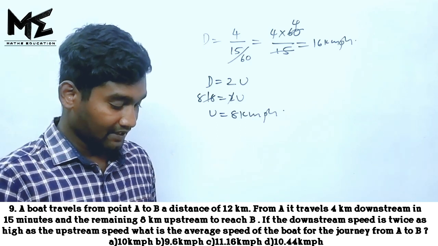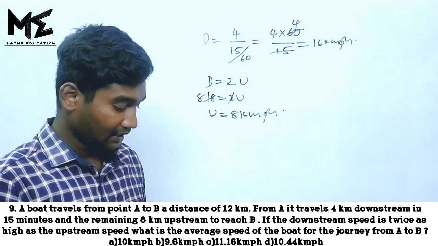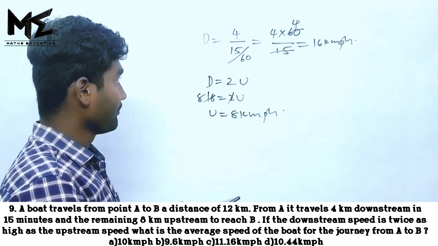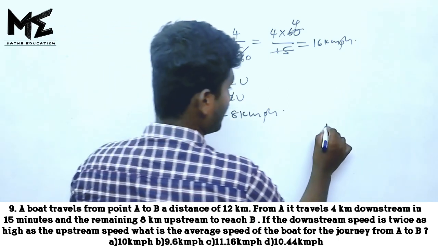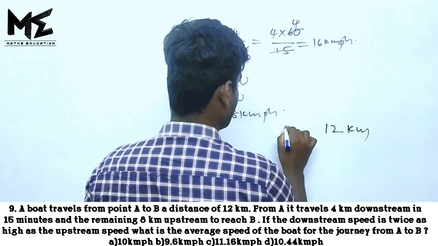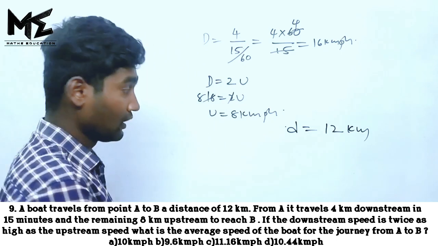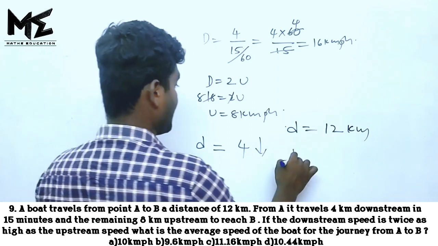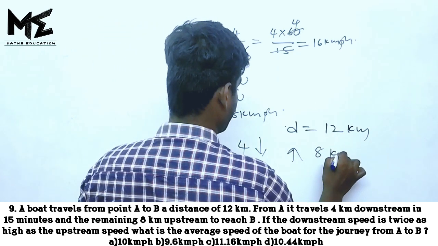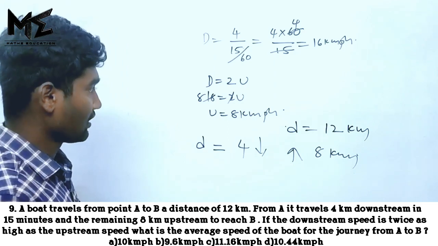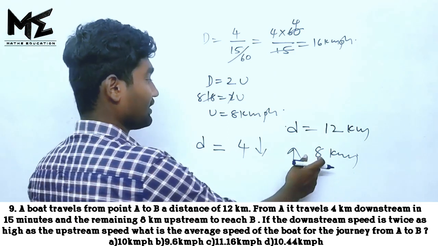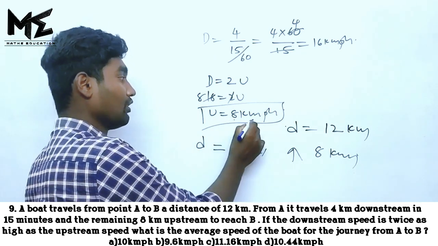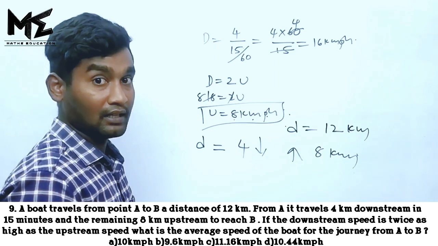What is the average speed of the boat for the journey from A to B? From A to B, see, in total we have 12 kilometers distance, 4 kilometers is downstream and upstream is 8 kilometers. See, 8 kilometers we can travel in 1 hour only upstream, because 8 kilometer per hour.